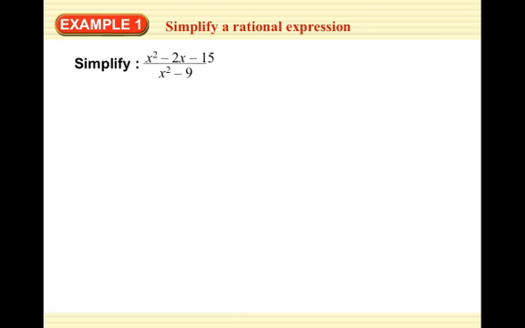So if you notice here, we've got x squared minus 2x minus 15 divided by x squared minus 9. If you have polynomials, in other words, if you've got pluses and minuses in there and you've got variable terms, then you are going to have to actively factor and then reduce. So right now somebody might be thinking, oh, I'm going to cancel out something. No, you can't yet because we haven't factored. You have to factor first.